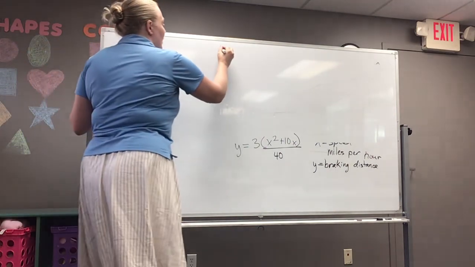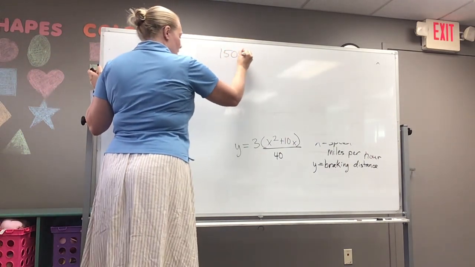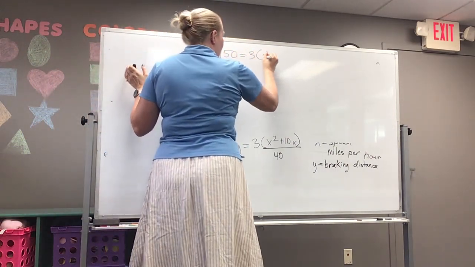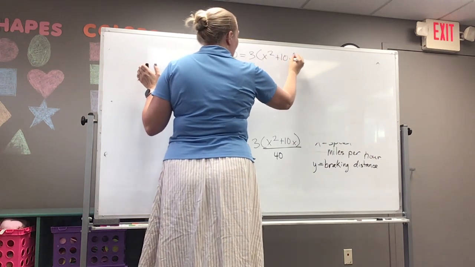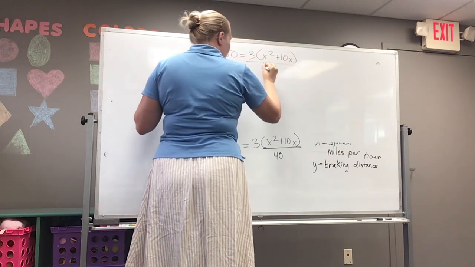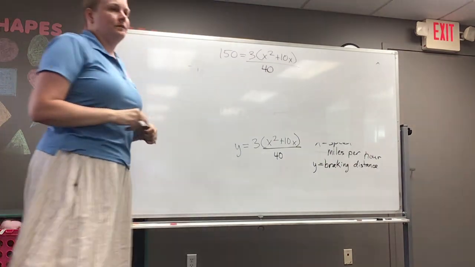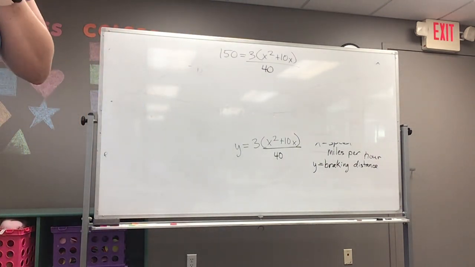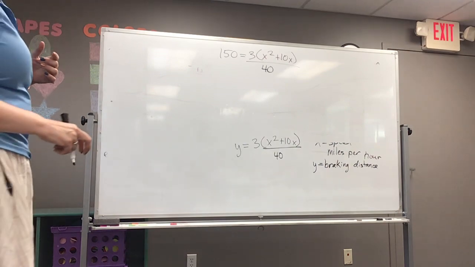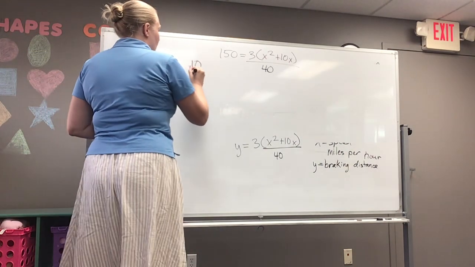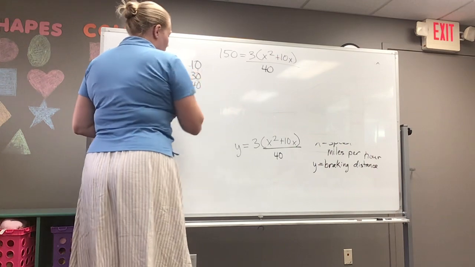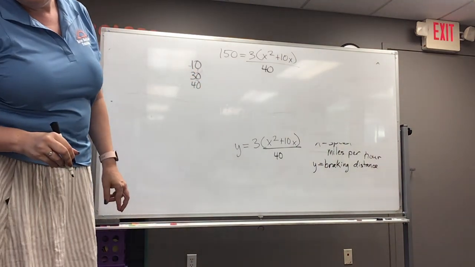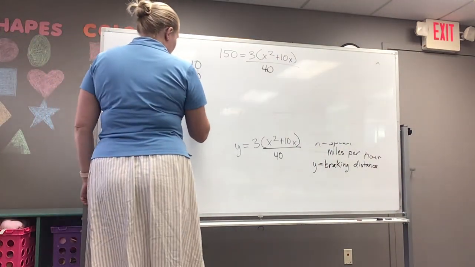And so we have the idea that 150 equals 3x squared plus 10x all over 40. And our options are 10, 30, 40, 50, and 60.